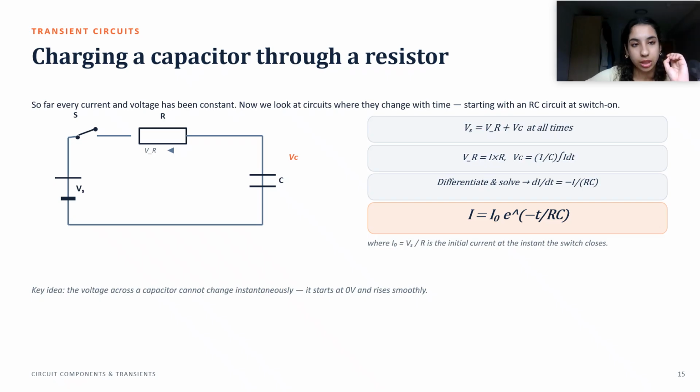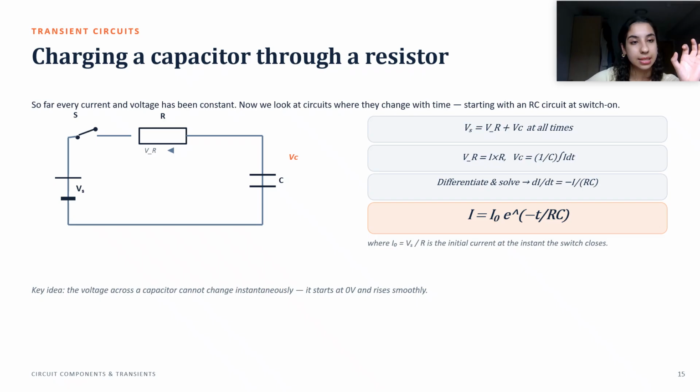I, the current at any time, equals the initial current multiplied by e, the exponential, to the power of minus t, the negative of the time taken to get to that current, divided by the resistance times the capacitance.